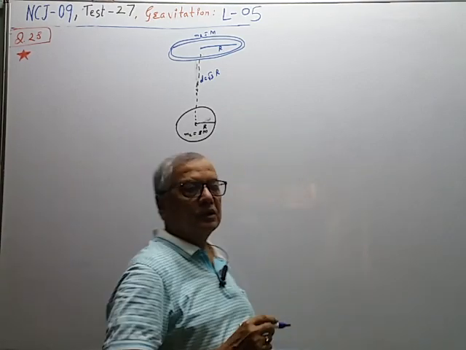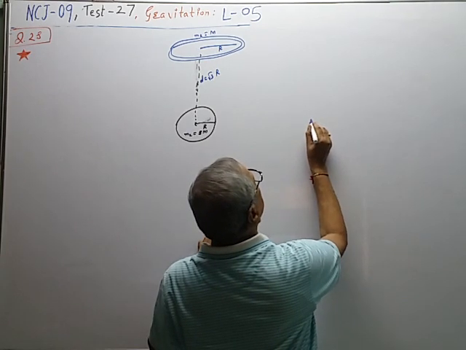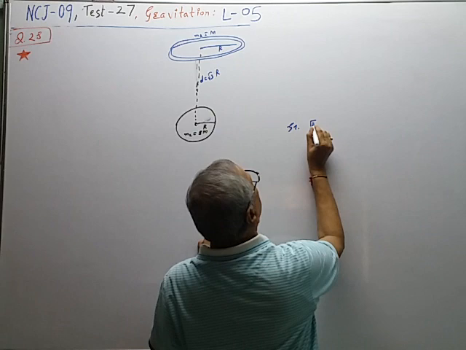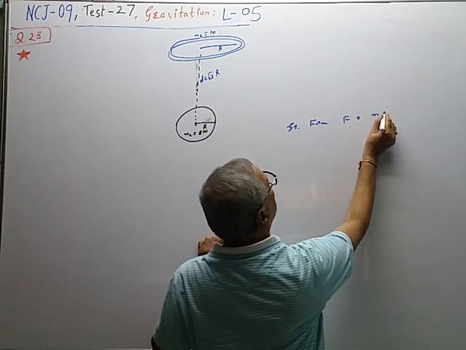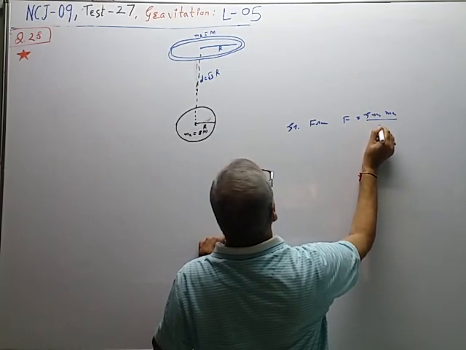First we will do the rough work first. So these are the two bodies. Gravitational force F is equal to m1 m2 into capital G upon d square.